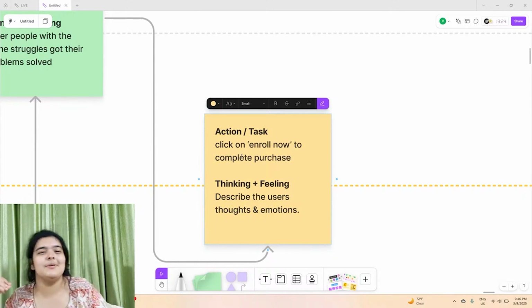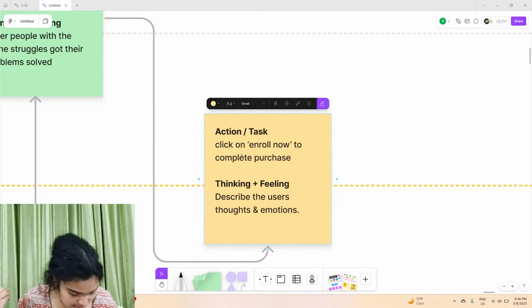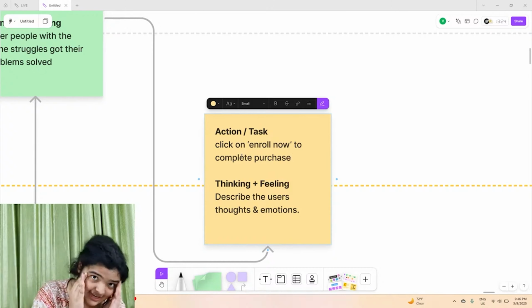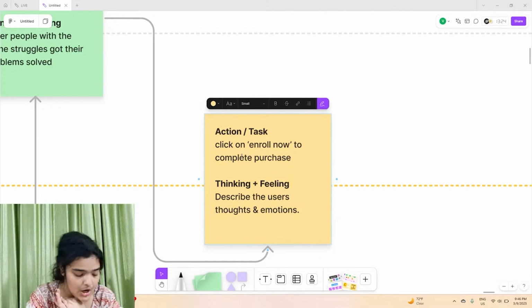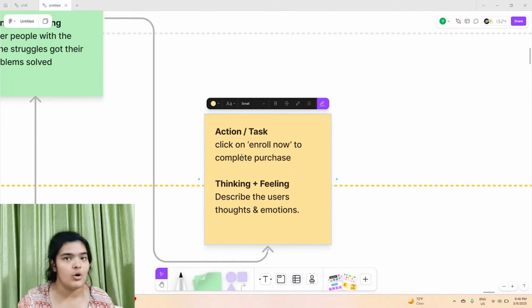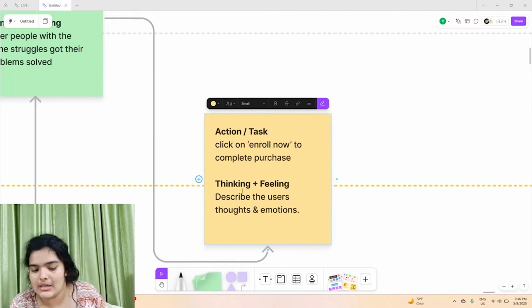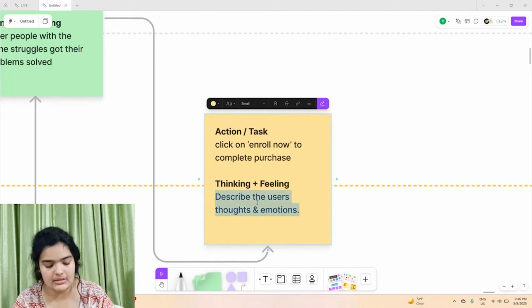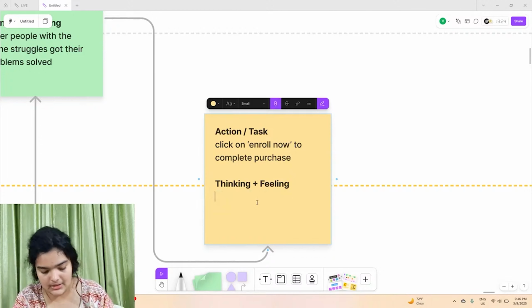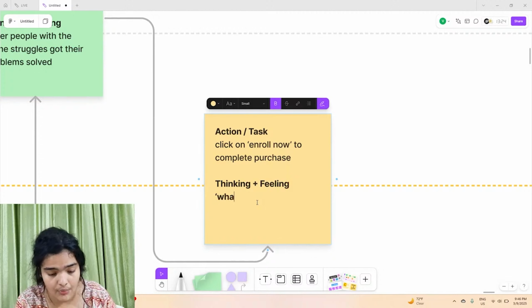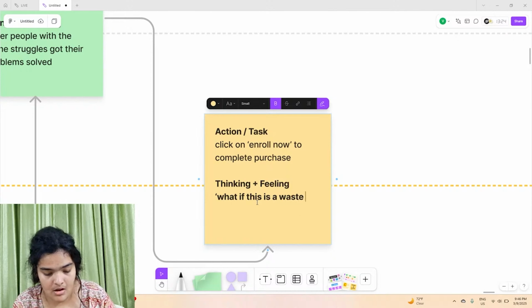What is the thing that the person is thinking or feeling now? Now that money is actually going from the account, they're worrying about what if I wasted my money. But also they're reassuring themselves that the only way to grow is to invest in myself. So something that they could be thinking about right now is, what if this is a waste of my money?